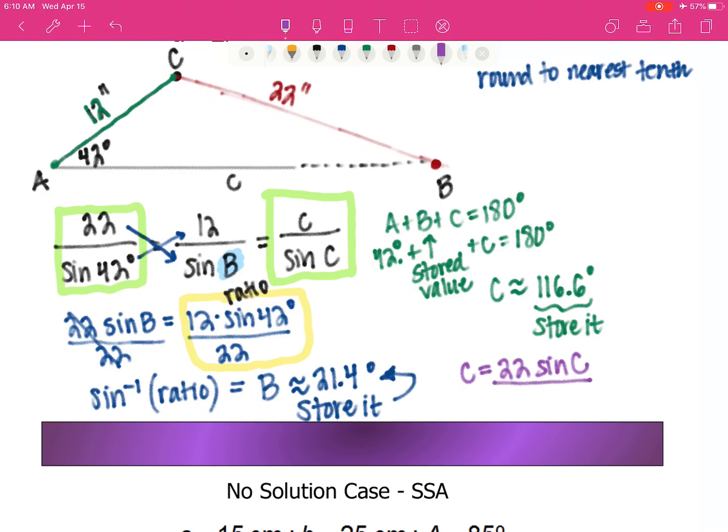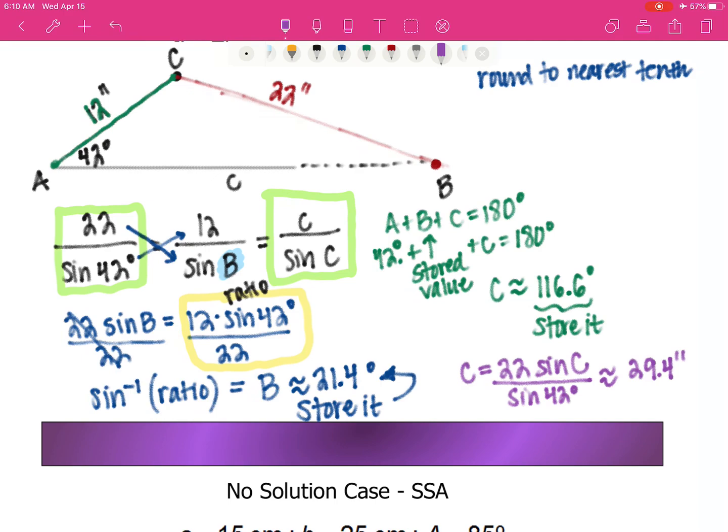So I just put a c there because I literally store it in alpha c. So 22 sine of c divided by the sine of 42 degrees. And that is approximately 29.4 inches.